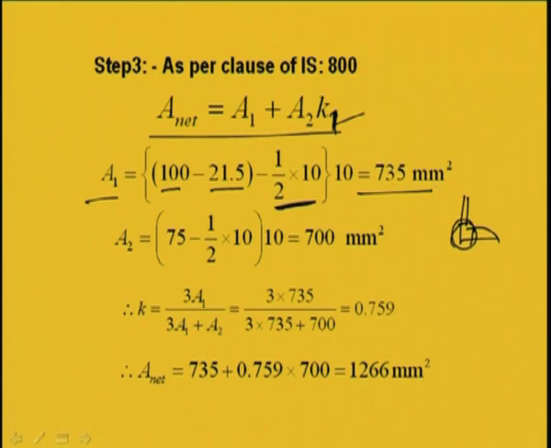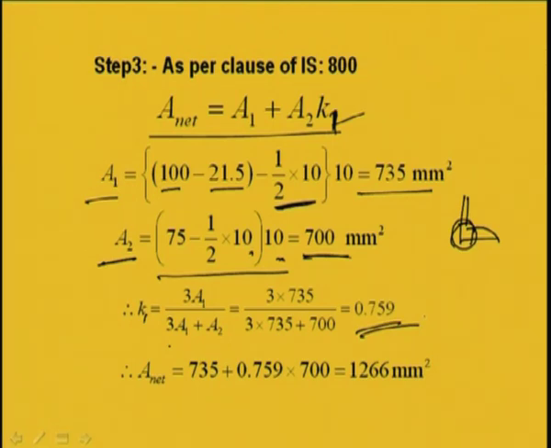Similarly, A2 is the area of the unconnected leg, which will be 75 minus half of 10, into 10. So this will be 700 millimeter square. Now I can find out K1. K1 is equal to 3A1 by 3A1 plus A2, so I get the value of K1 as 0.759.